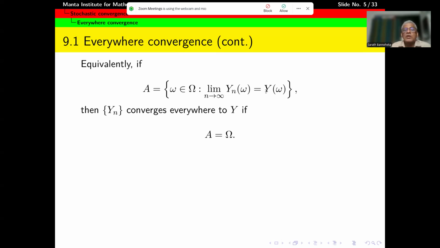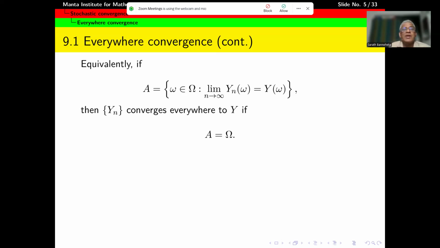Check whether that is equal to Y evaluated at omega. If that is the case, put that omega into set A. So like that, consider the set of all omegas satisfying this condition, right? Each such omega is put into A.